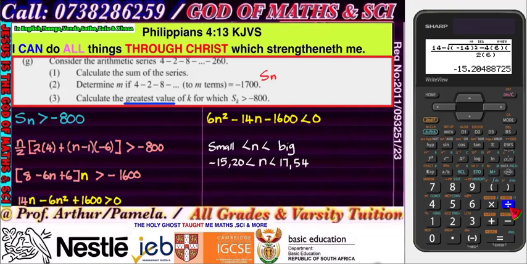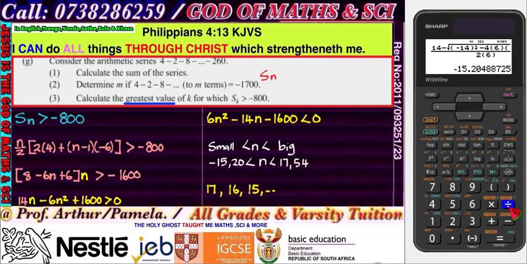Now, remember what's important is natural numbers. I'm going to look at this part. It says numbers which are less than 17.54. Well, the first one is 17, because 17 is less than 17.54. The next one is 16, then 15.